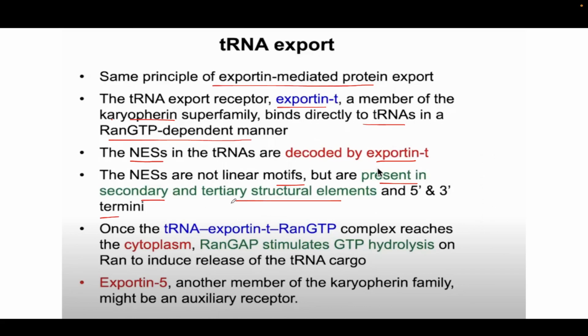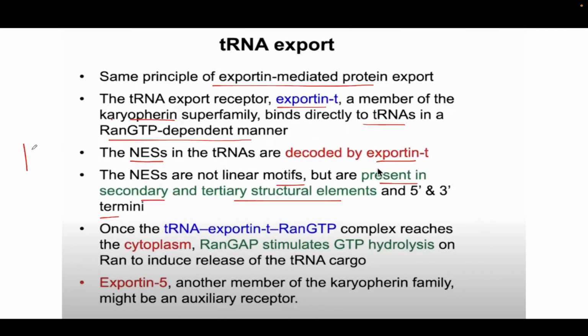Understood? So in case of tRNA, the structure is clover leaf like, and the secondary structure of RNA is already present. In that secondary structure of RNA, this NES signal is present, in the 5' and 3' terminal.